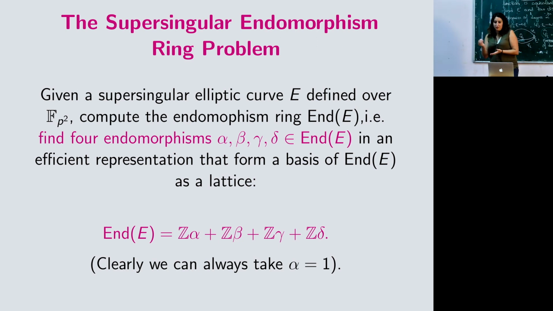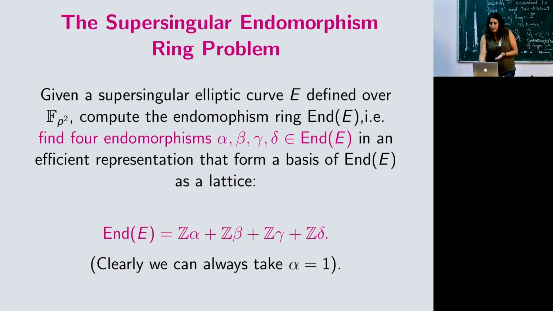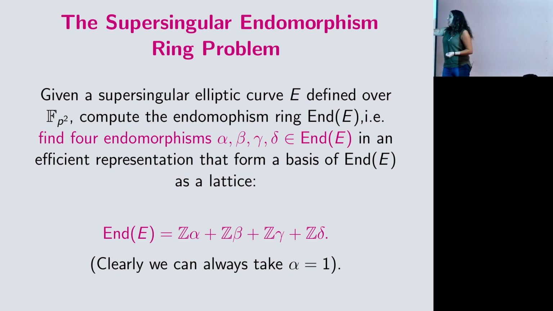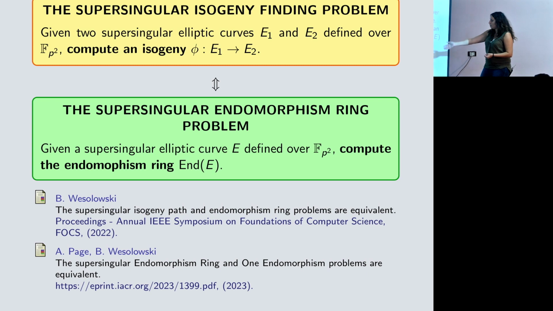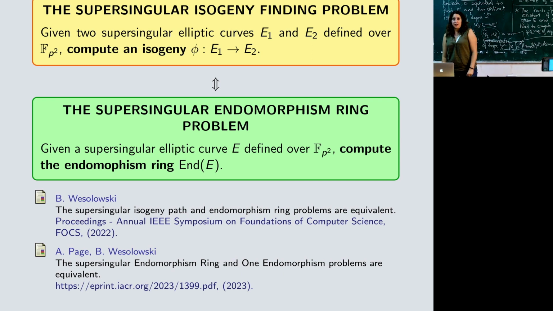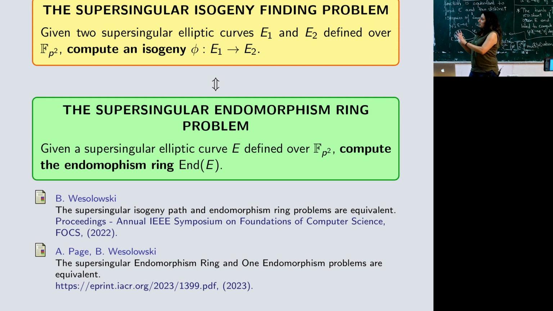What does it mean, for what we've just said? It means find a basis, so 4 endomorphisms alpha, beta, gamma, delta, and you can always take one of them equal to 1, that generate it as a Z-module, as a lattice. So this is the supersingular endomorphism ring problem.